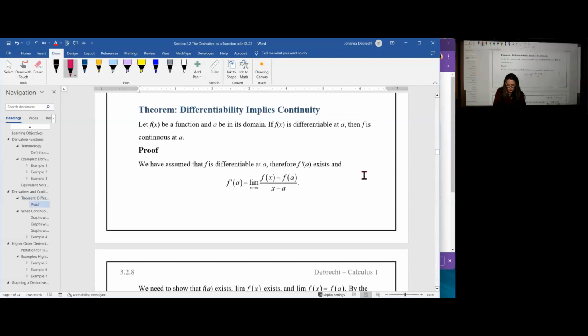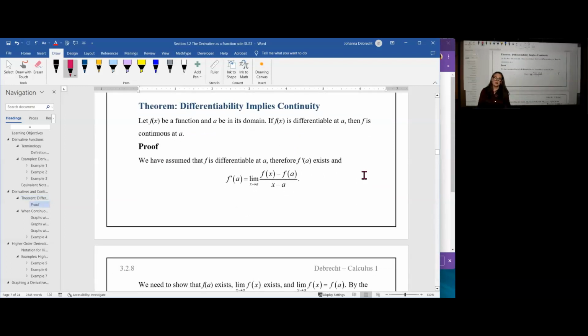Let's now go ahead and prove this theorem that if it's differentiable, it must be continuous. We're going to let the function f of x be defined and a be in its domain. We're going to say if f is differentiable at a, then it has to be continuous there. We're going to assume in the proof that the if part is true.